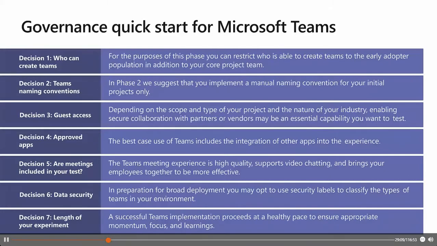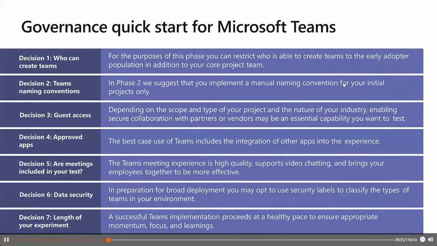On decision 7, obviously, we talk about the length of your experiment. I always, and Microsoft as well, recommend that this phase of your project be, for example, 60 days. That's a good number to work through that topic, to get the people familiar with it, and it gives you a great opportunity to gather the feedback.